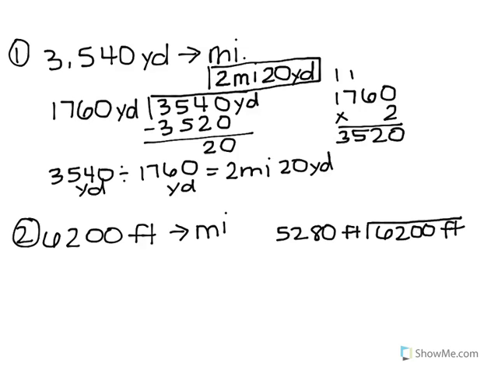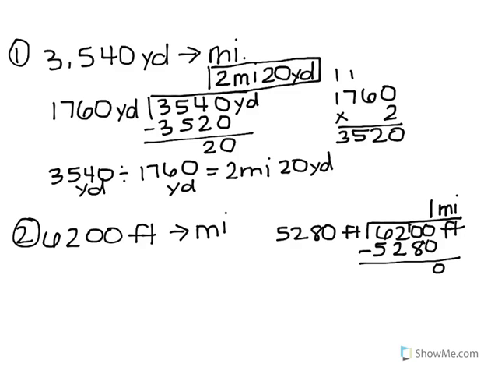So 5,280 can go into 6,200 one time. Again, I'm putting my answer in the ones place. I'm going to subtract to see what the remainder is. And when I subtract, I get 0.